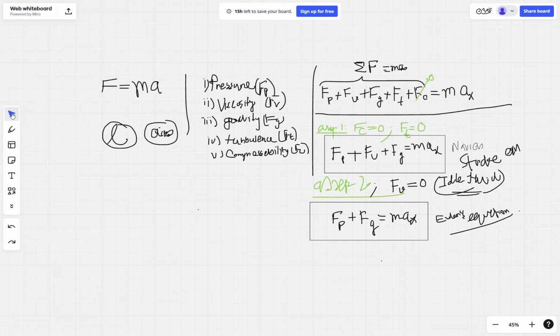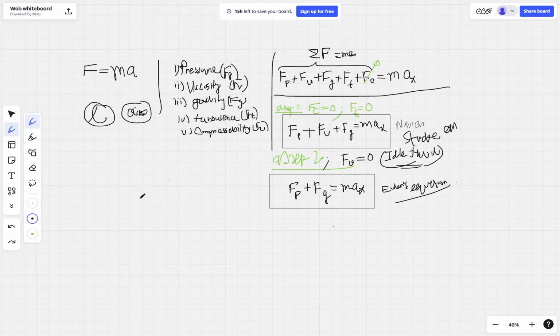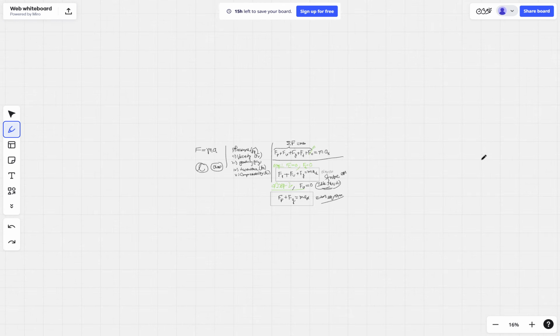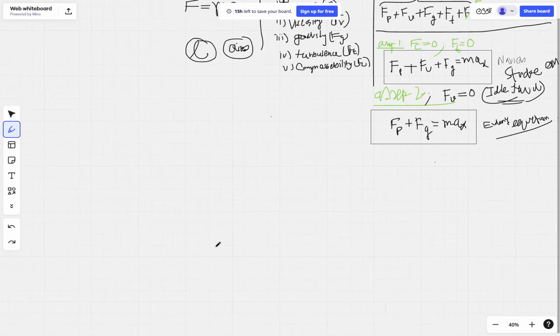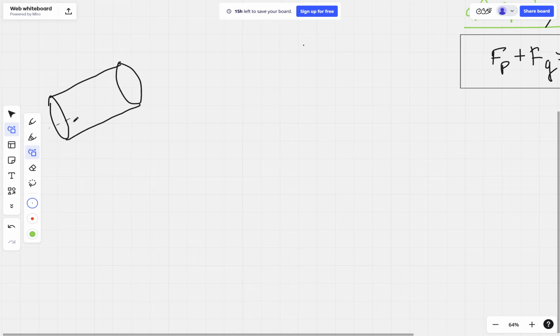Okay, so now what we're gonna do, we're gonna just derive the equation, and for deriving the equation we're gonna assume some points. Okay, so let's assume over here that this is a pipe, this is a pipe, and this is a pipe, and this is the cross section.